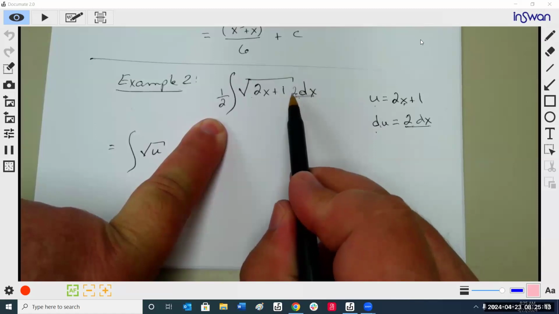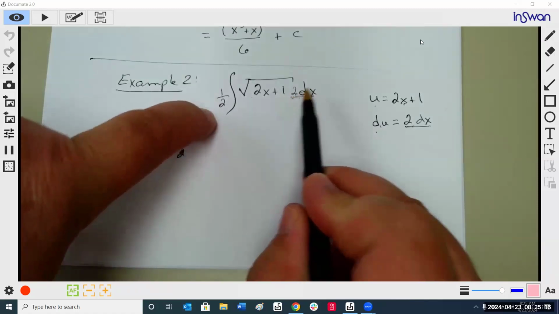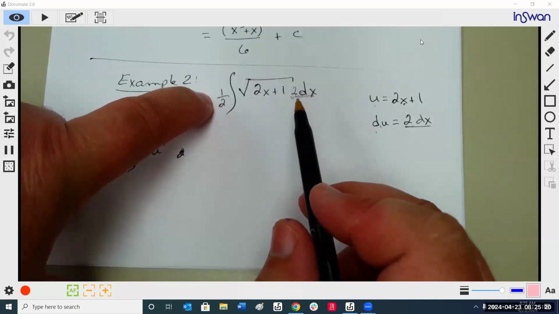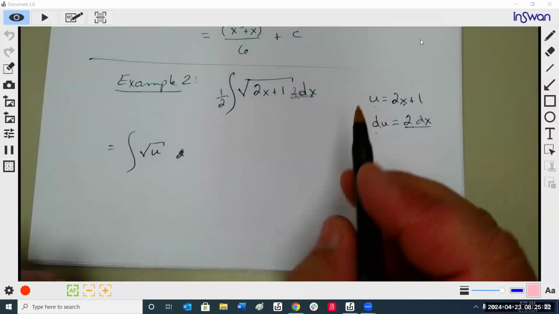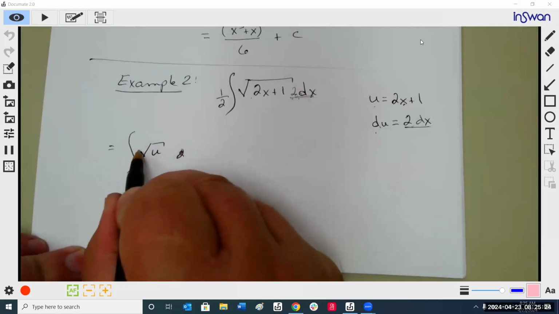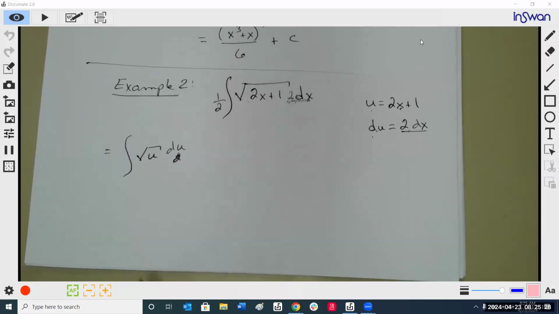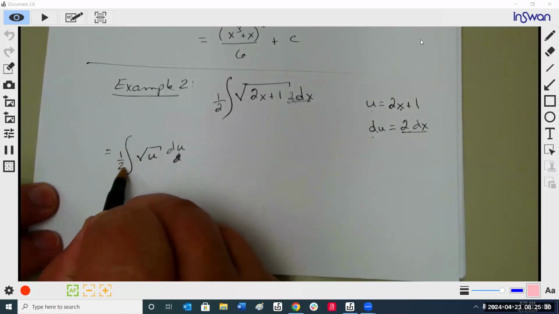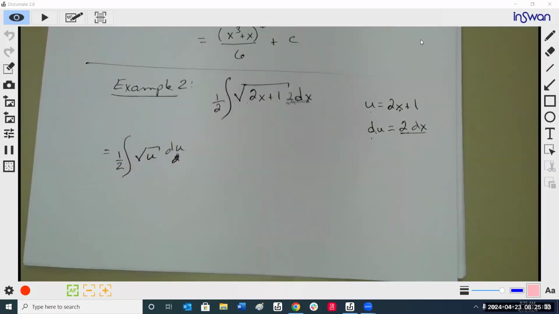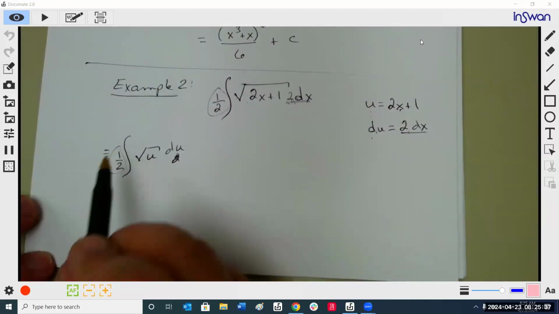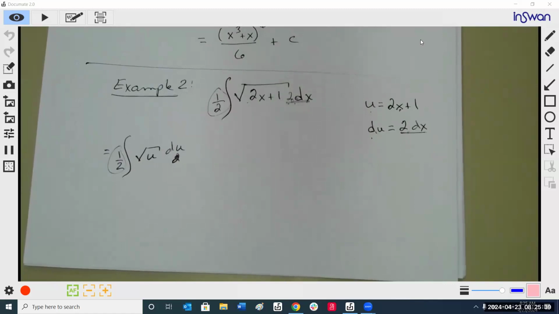So whatever we put inside there, we have to do the opposite on the outside, the reciprocal. So now we have square root of u du, and there's a 1/2 out in front. The reason we put it out in front is it doesn't have a value of x or u, so it's just a constant.